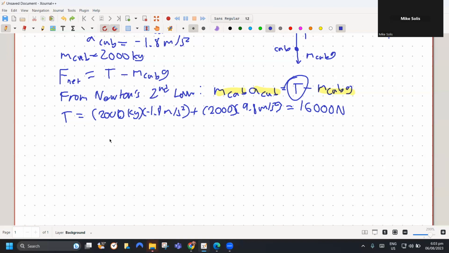So acceleration measured with respect to the floor of the cab, or the acceleration with respect to the cab.